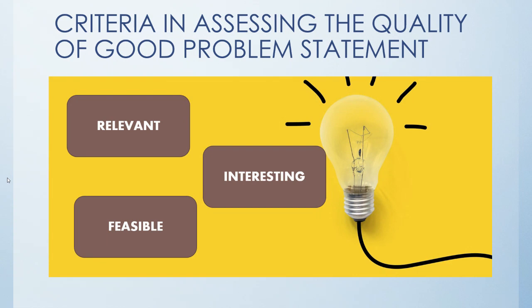So existing issues, for example here, existing issues an organization need to address, for instance, the problem of absenteeism and low productivity among employees are example of the former, and either nothing or very little is known about a certain phenomenon is an example of the latter. Maksudnya bila kita buat research ni, issue that we want to address must be relevant.